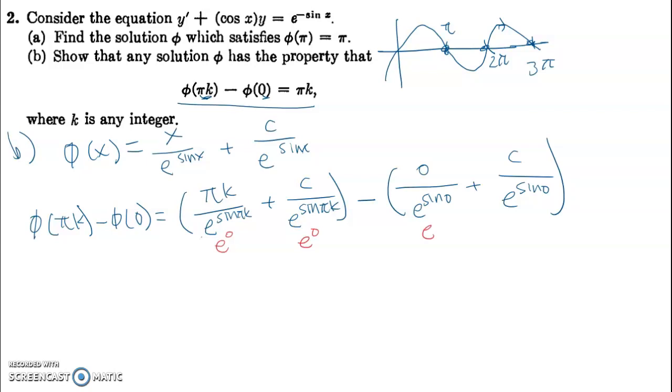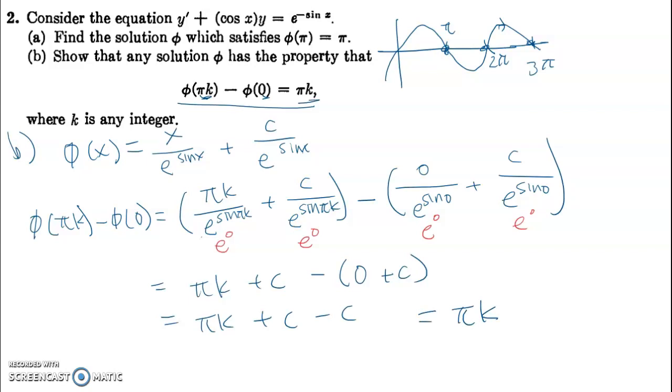Same thing, sine of 0 is 0, so e to the power of 0. And anything to the power of 0 except 0 itself is going to be 1. So we can rewrite this and say pi k plus c minus 0 plus c. This can be rewritten as pi k plus c minus c, so the c's cancel out, and we get pi k, which is what we wanted, so we're done.